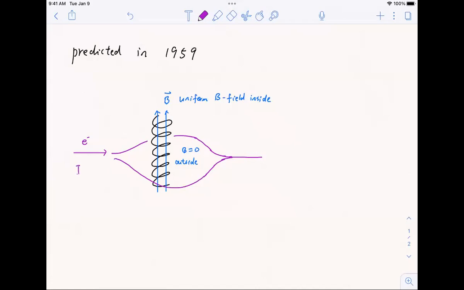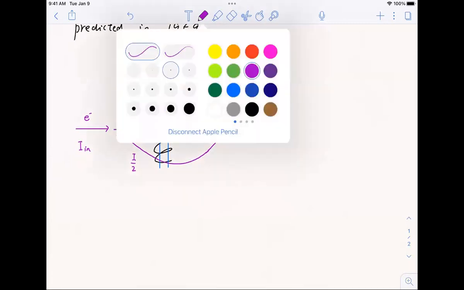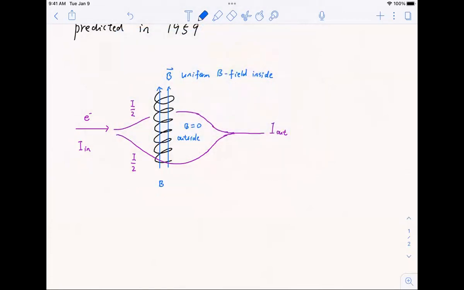So this is the input intensity, and you split it into two beams, each with 1/2 of the intensity. Then you measure the output. The B field will be proportional to the current of the solenoid.